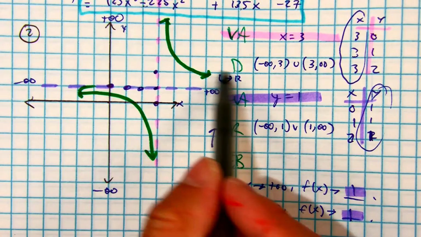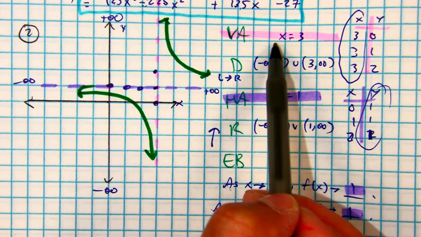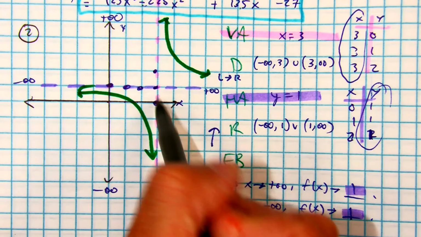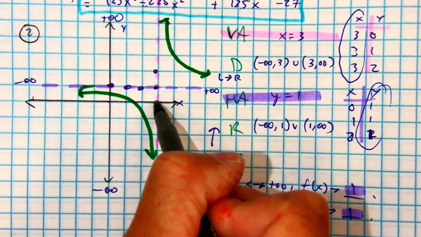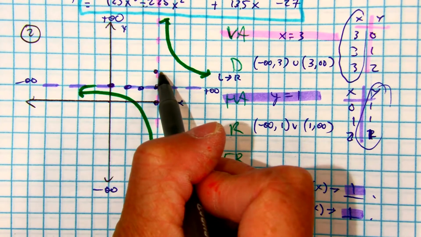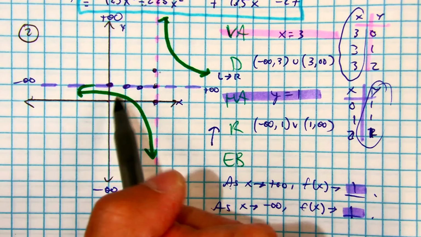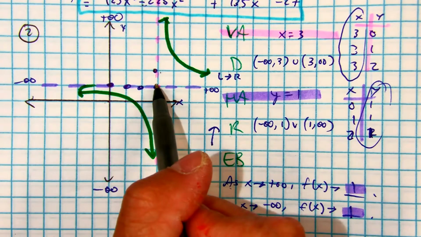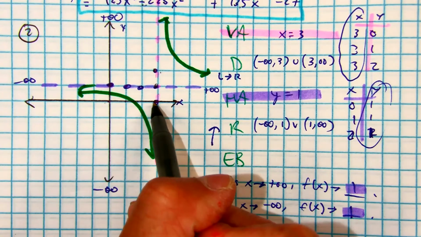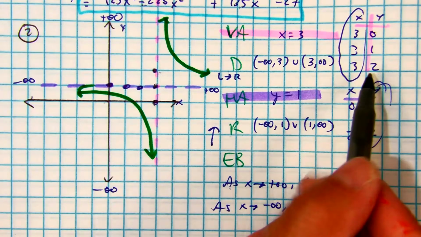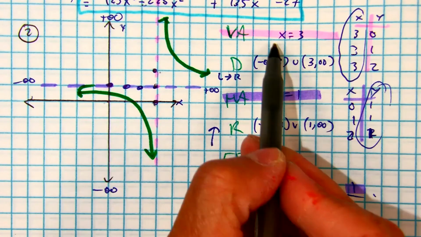And then how do I get x equals 3? We've been learning about just picking 3 ordered pairs on the vertical asymptote. So for example, 3, 0. Right 3, up 1. 3 on the x-axis, 2 on the y-axis. And you'll recognize that all of your x values are 3. That's my equation for the vertical asymptote.